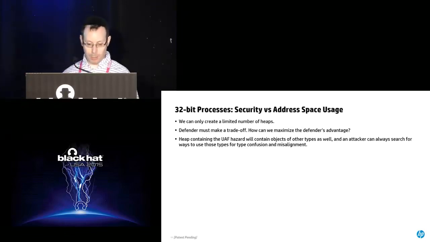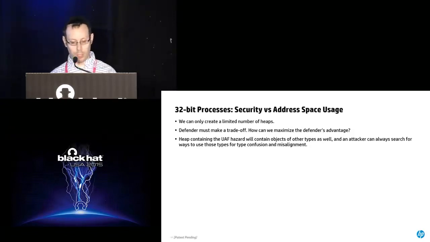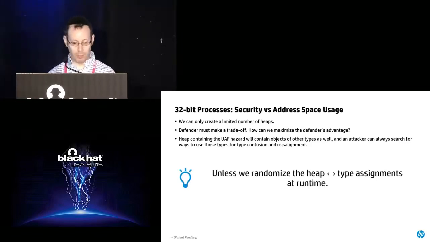What can we do to make the best of this trade-off? We're only going to be able to create a limited number of heaps, and in whatever way we make assignments of types to heaps, an attacker who has discovered a UAF on a given heap will try to construct an exploit via type confusion and/or misalignment by making use of the various types we have assigned to that same heap, unless we randomize the assignments between types and heaps.